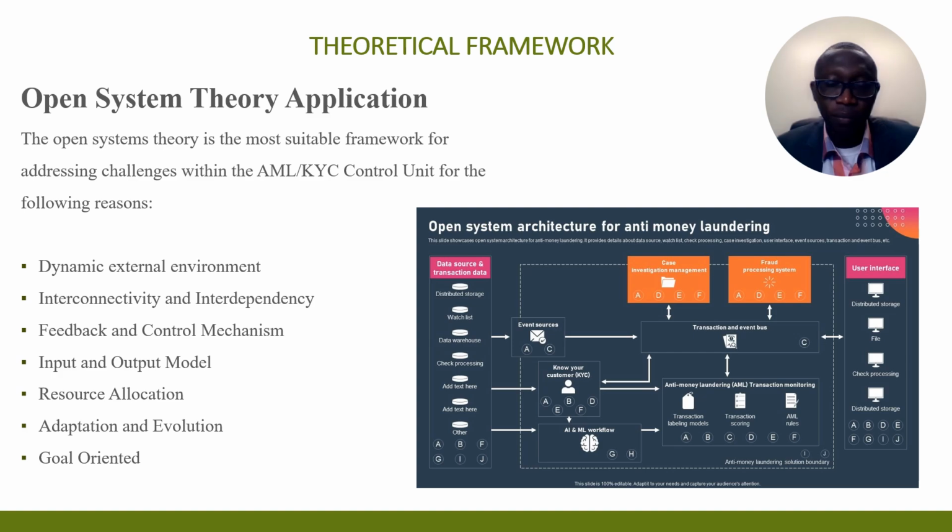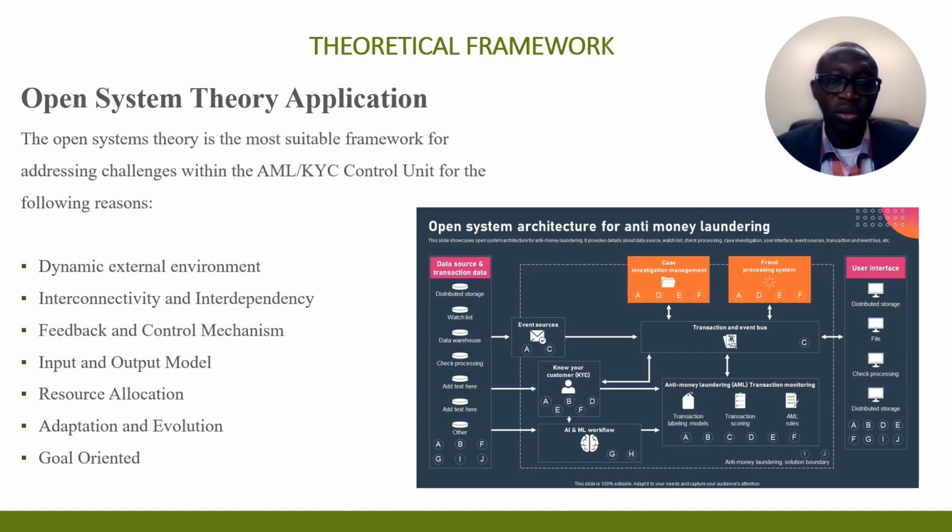Adaptation and evolution is very important. As we continue to improve our process, we want to also make sure that we develop new ways of doing things and adapt to new changes that are going on. The input and output model is very important.